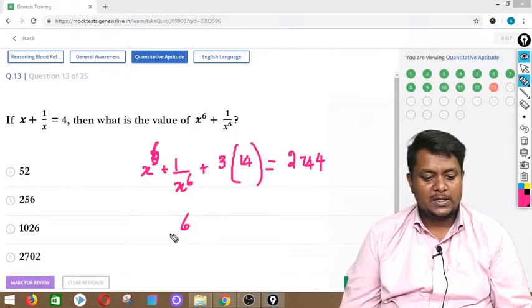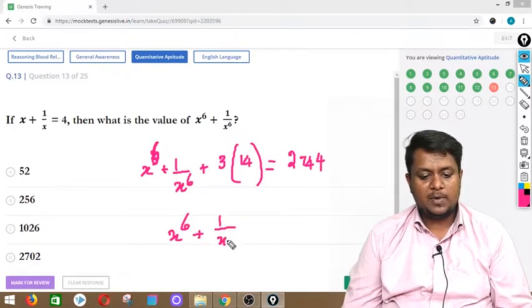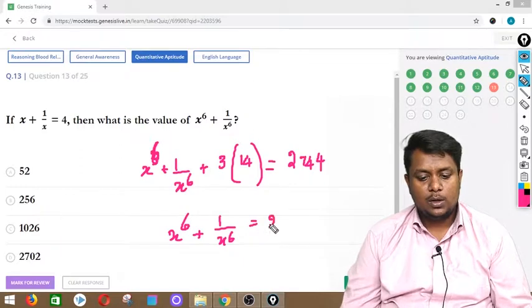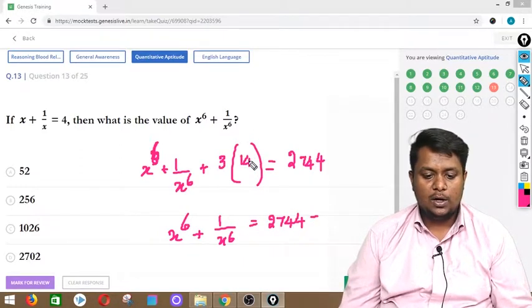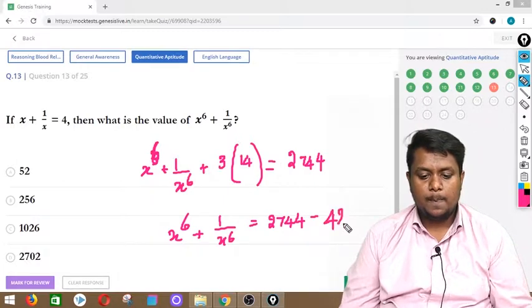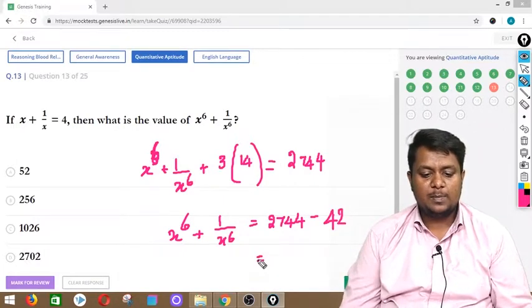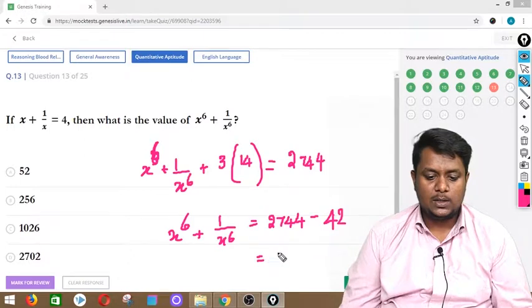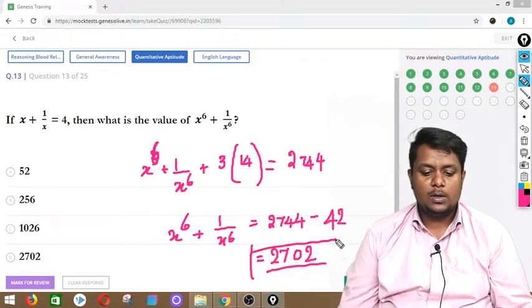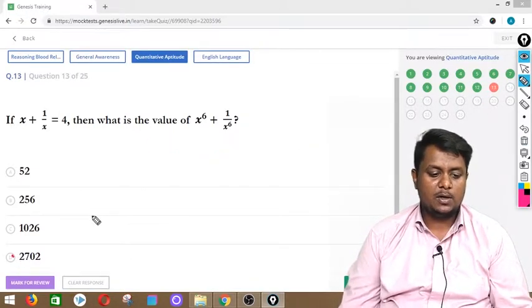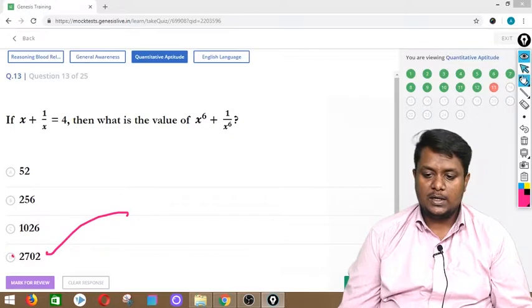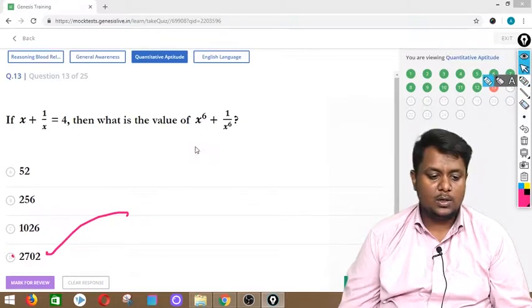Now x power 6 plus 1 by x power 6 is equal to 2744 minus 42, since 3 into 14 is 42. We will get x power 6 plus 1 by x power 6 value as 2702. So we have to mark the option that says 2702, which is option D. That is the right answer, and we will move on to the next question.